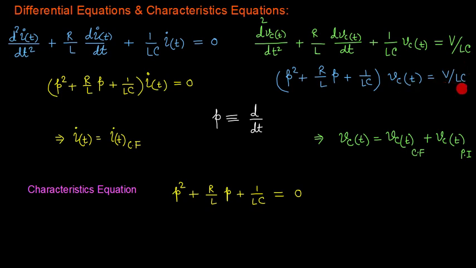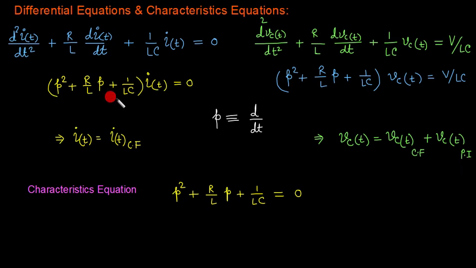So this is our non-homogeneous differential equation of order 2. p represents the d/dt operator. Now the solution of current has only a complementary function since it is a homogeneous differential equation, but the solution of the capacitor voltage has both a transient part and a steady state part. The transient part is the complementary function, and the steady state part is also known as the particular integral, PI.